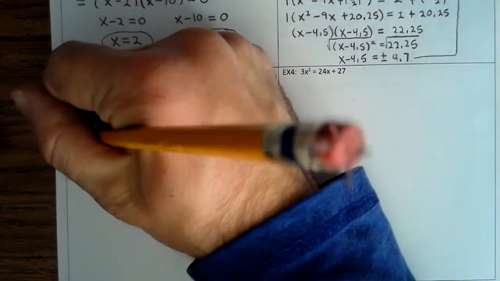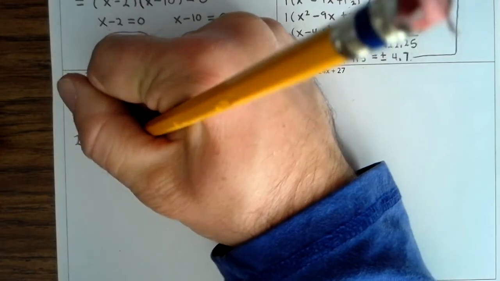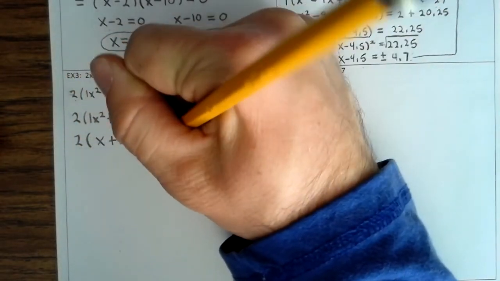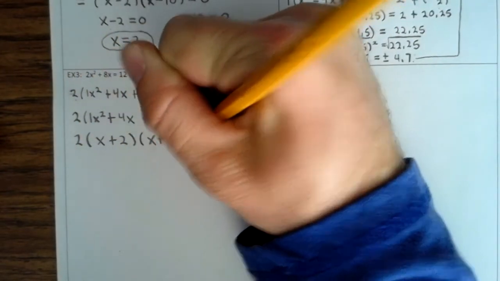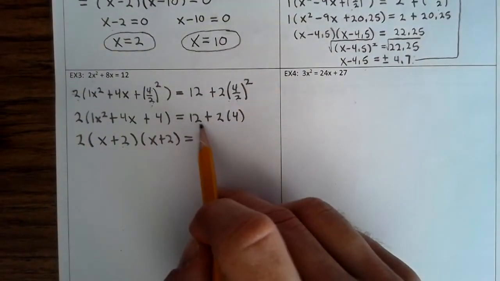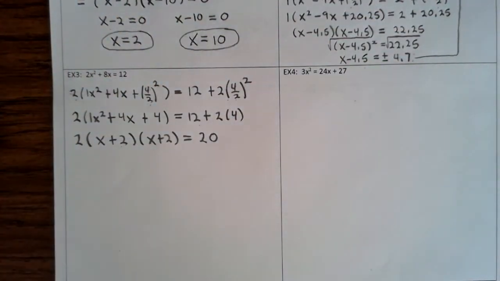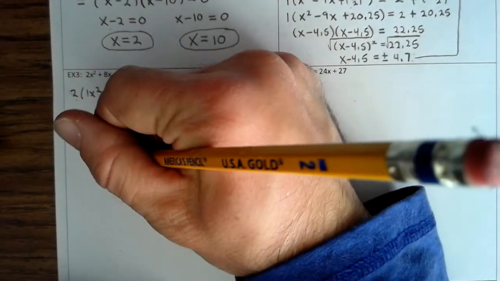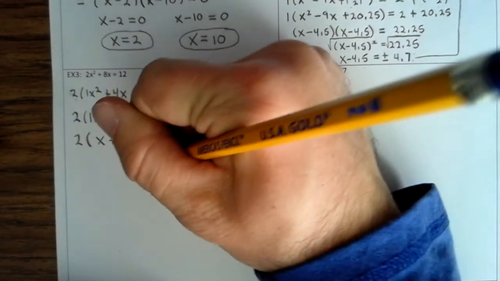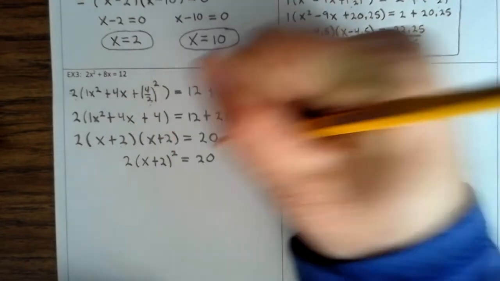Okay, now we factor this, which is x plus 2 times x plus 2. And we know it's plus 2 because 4 divided by 2 is 2. And then 12 plus 8 is 20. So now we know that this is 2 times x plus 2 squared equals 20.